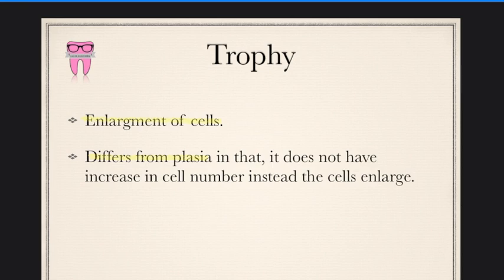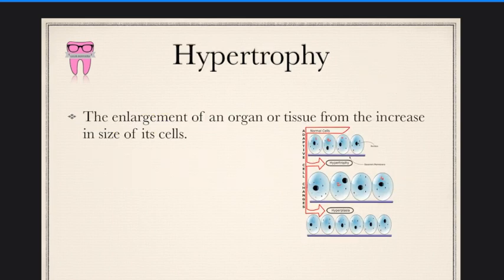In trophy, there are changes in the size of the cell, whereas in plasia we studied that there were changes in the number of the cells. So let's just see the next term, hypertrophy. Hyper means increased, and trophy means the size of the cell. So increase in the cell size means hypertrophy.